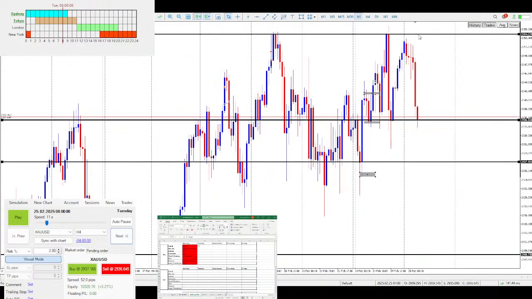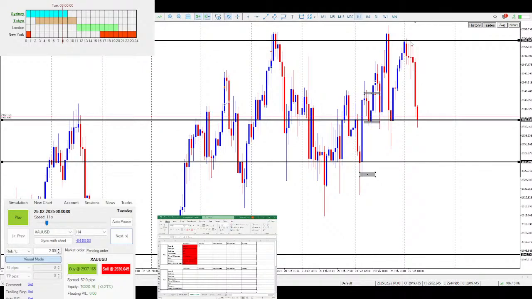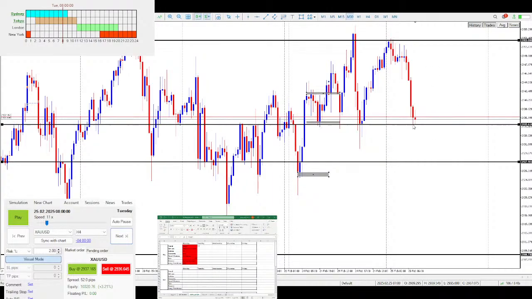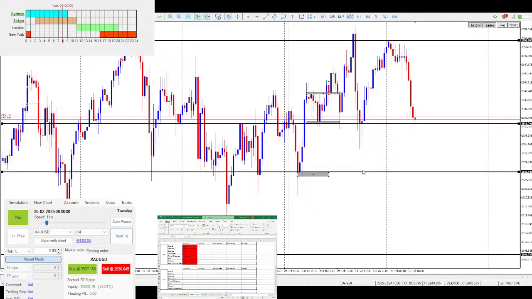So from the 4-hour time frame, you can see that from the Asian session, price has been moving bearish. On the 30 minutes time frame, you can see there is a possible zone of support there, and we have this support zone down here.